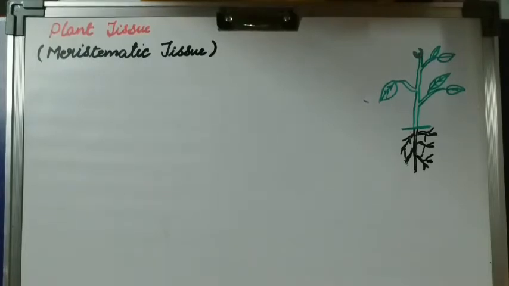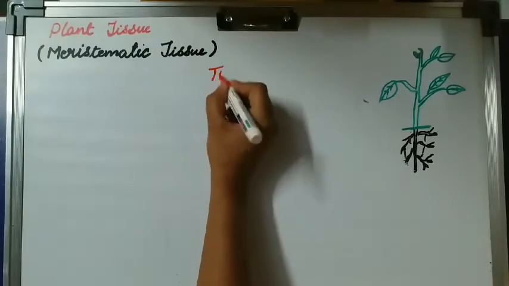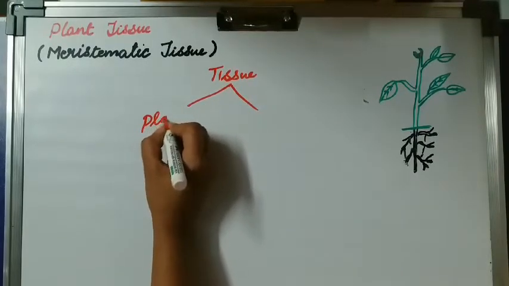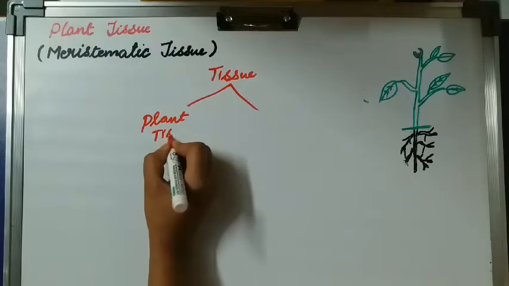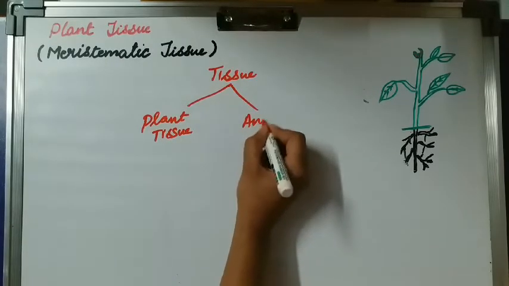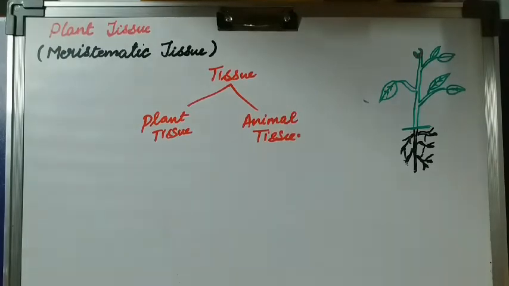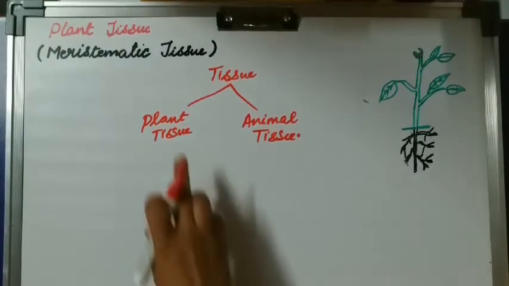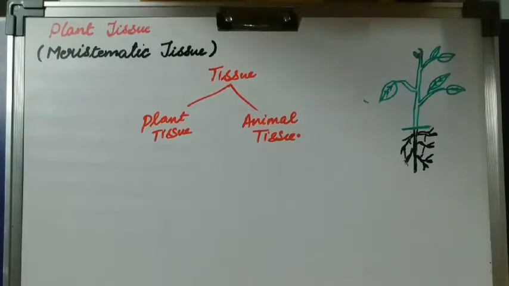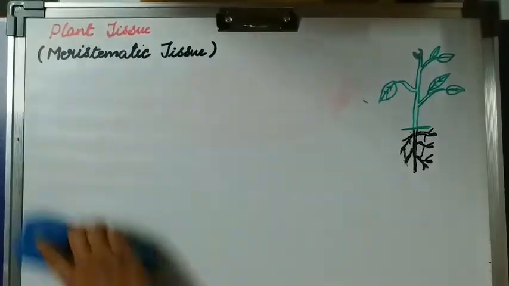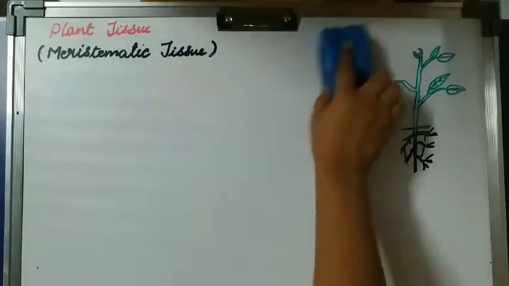Now we will see about the tissue, and the tissue is divided into two, that is plant tissue and animal tissue. We are starting here with the plant tissue. I will draw a flow diagram for you to understand how the plant tissue is divided and in how many parts. So I will draw a diagram now for you.